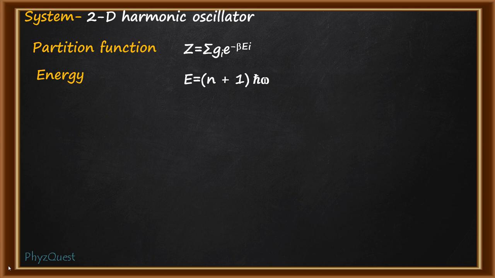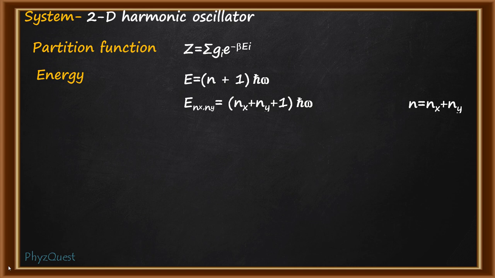As it is a 2-dimension harmonic oscillator, it is represented by 2 different quantum numbers nx and ny. So we can write this as (nx plus ny plus 1) h cross omega. Here we represent E as E nx ny, and n is equal to nx plus ny.